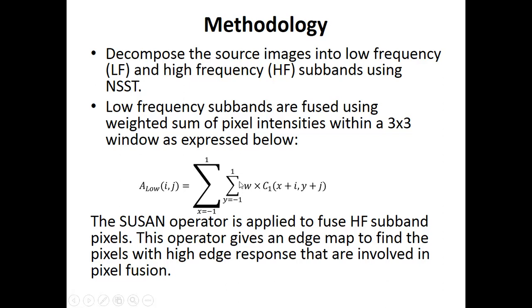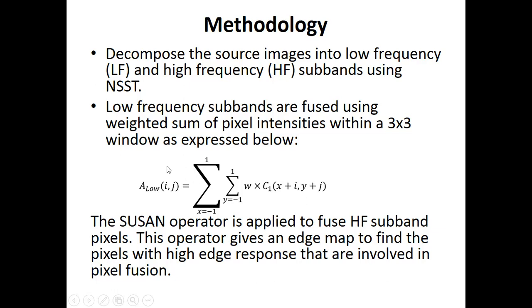W is a weight, which is varied in accordance with the Gaussian curve, and C1 is a particular coefficient of that low frequency subband at a location X, and this I is the neighborhood area, which is a 3x3 window.